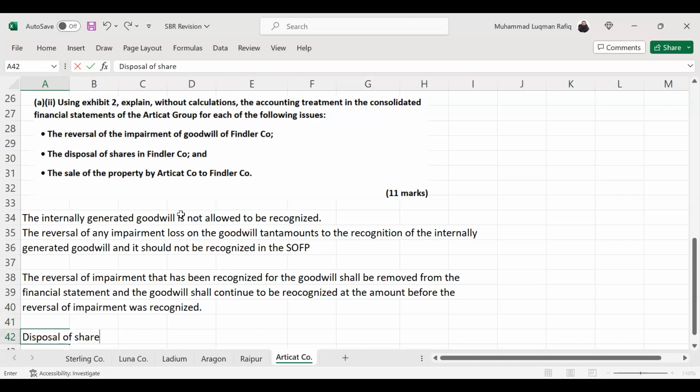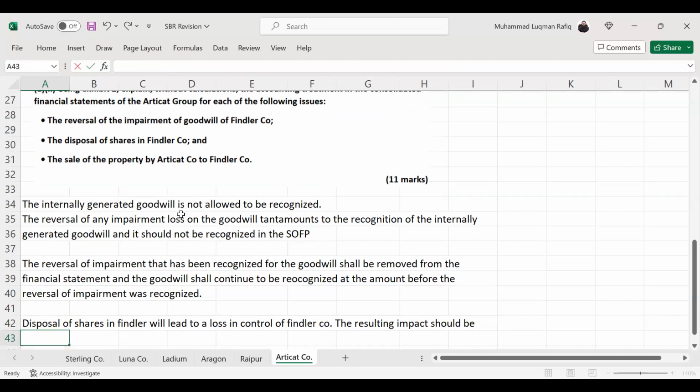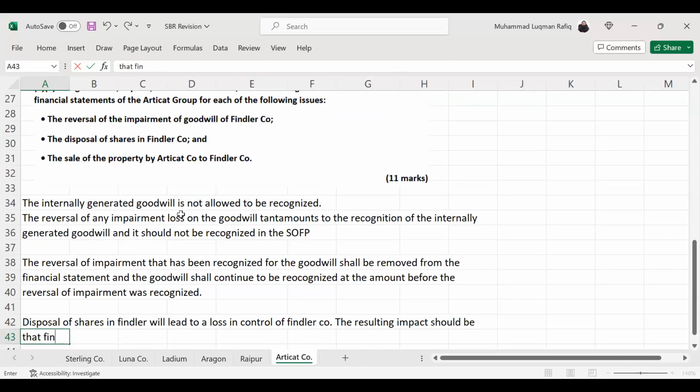The disposal of shares in Findler will lead to a loss in control of Findler. The resulting impact should be that Findler should not be consolidated after the disposal date.